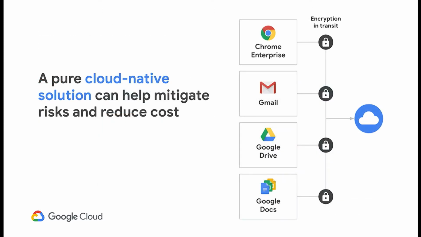And that's where Google comes in. We started in the cloud, we run on the cloud, and that's why we understand the implications of powering a business in the cloud. All our enterprise services run on the same infrastructure as the rest of Google, and we use the protections we've built at Google for our enterprise services as well.